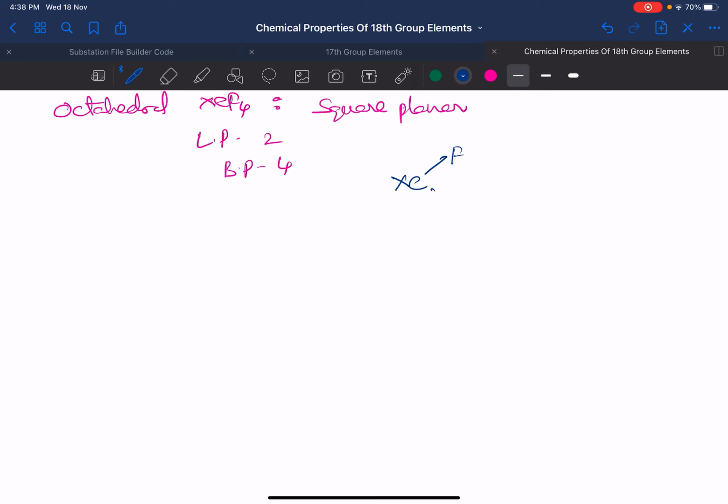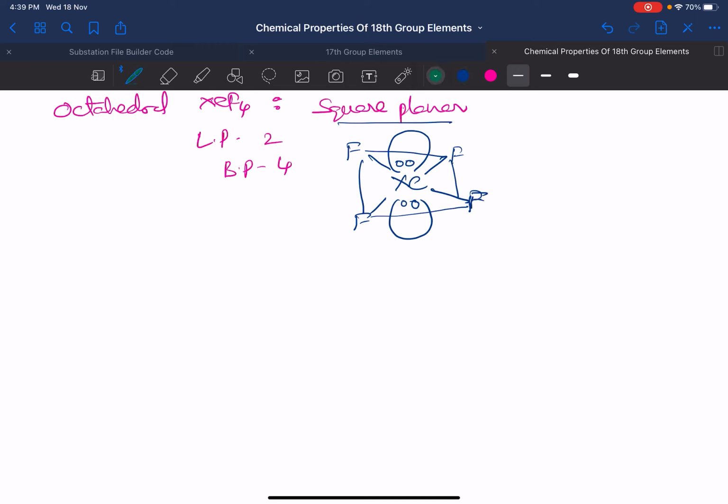The 4 fluorine atoms are at the 4 corners of the square, and the 2 lone pairs are above and below the plane. So that is the structure of xenon tetrafluoride. It is the square planar structure.